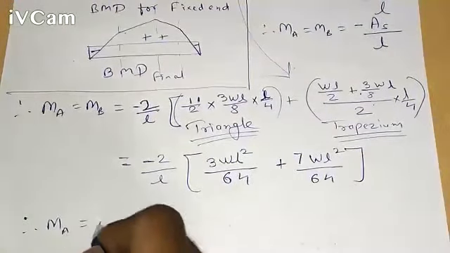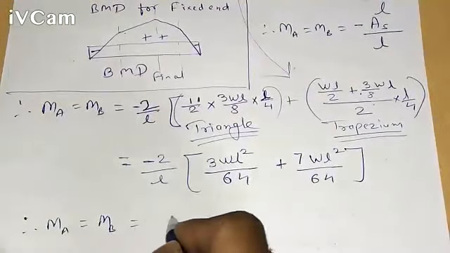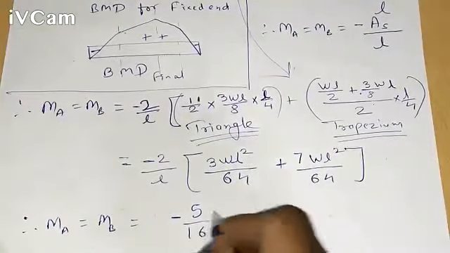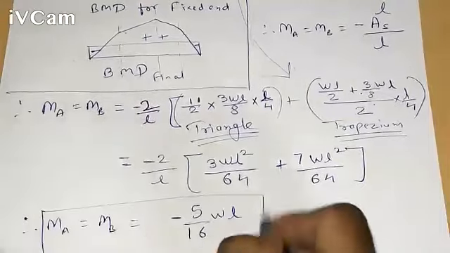Therefore MA would be equal to MB, and if we solve this, it is minus 5 by 16 WL. This is what we needed.